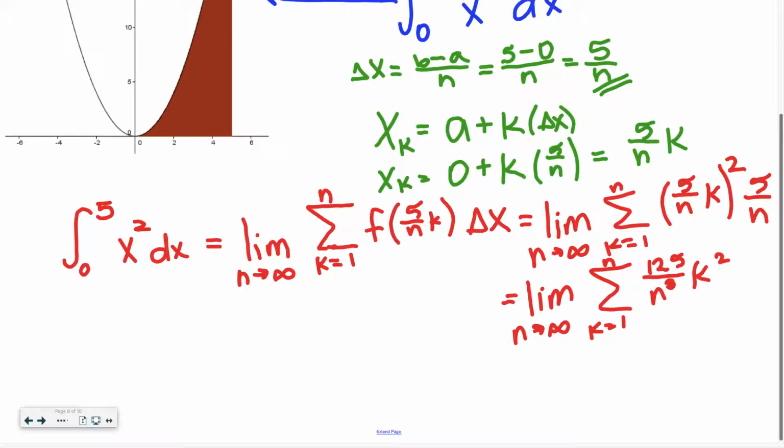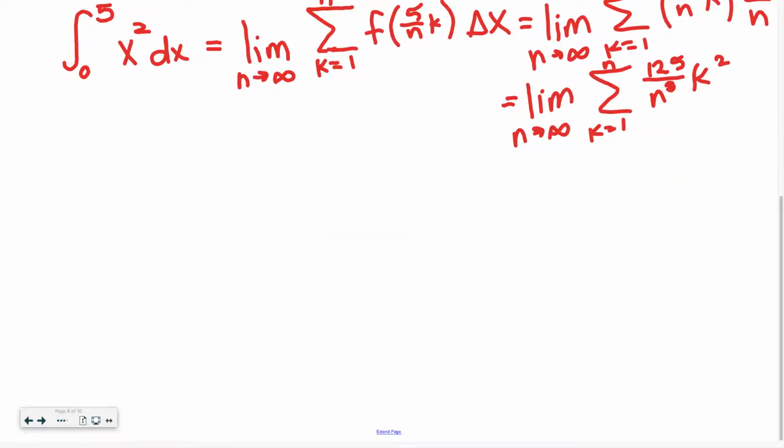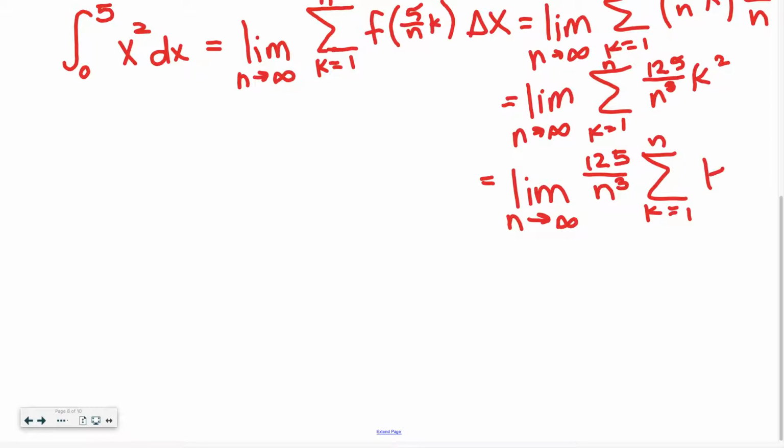Okay. Well, what did I tell you you can do with constants? Can we take constants and throw them outside of our summation? Okay. So as n approaches infinity, I can take 125 over n cubed, and I can throw it outside of our summation, so that now we have the summation from 1 to n of k squared, and we have a shortcut for that, don't we?